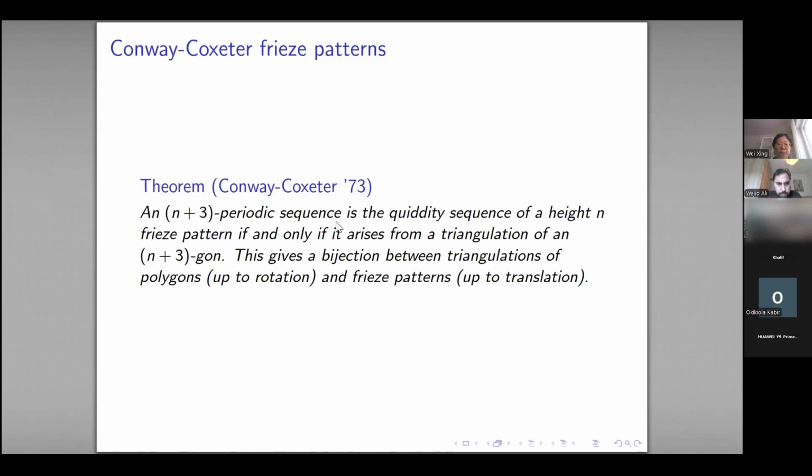In more precise terms, an n+3 periodic sequence is the quantity sequence of a height n Frieze pattern if and only if it arises from a triangulation of an n+3 gon. And this correspondence gives the bijection between triangulations of polygons and Frieze patterns.